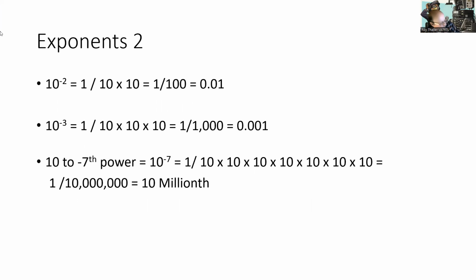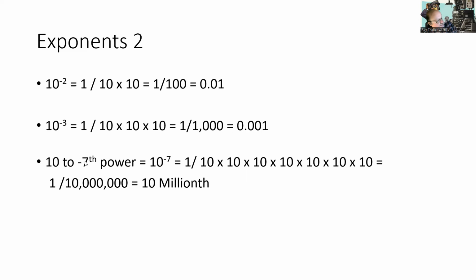And you can do the opposite. So if you write 10 to the minus 2, it's basically 1 divided by 10 times 10, which is 1 over 100, or 0.01. 10 to the minus 3 is 1 over 10 times 10 times 10, which is 1 over 1,000, which is 0.001.